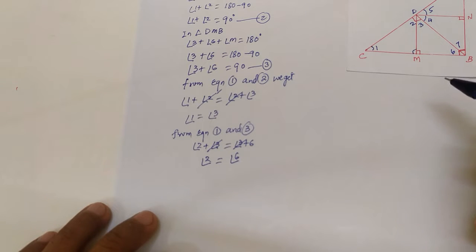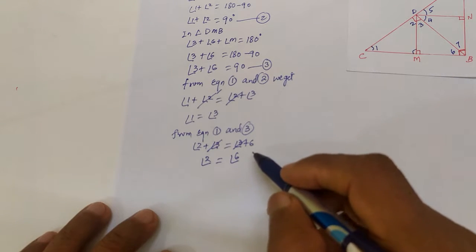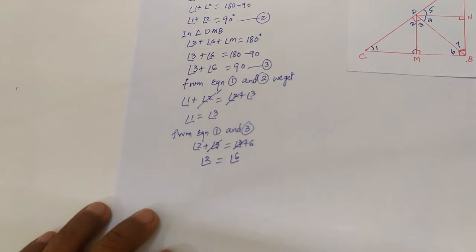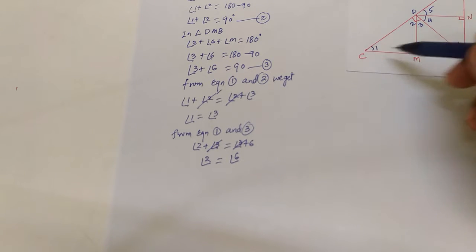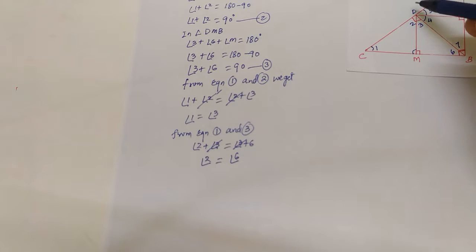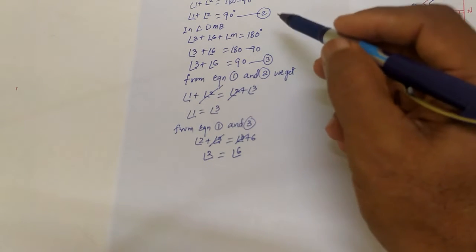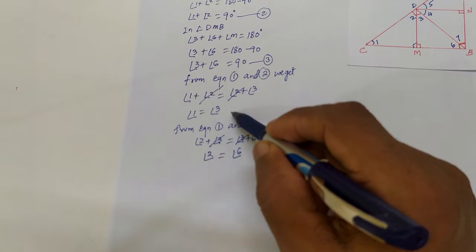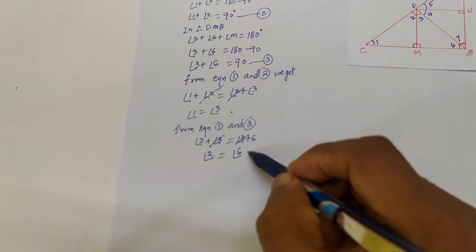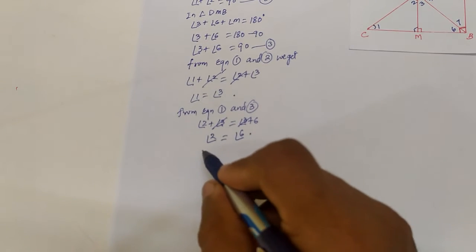Now let us see the other side. In triangle DCM and triangle BDM, these triangles. Now if you see, we have found out in one of the equations here, angle 1 is equal to angle 3, and here we have found out angle 2 is equal to angle 6.